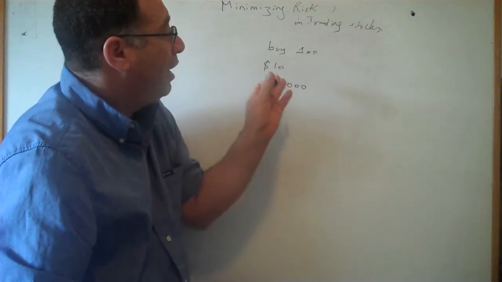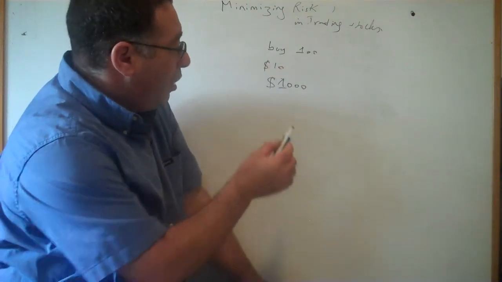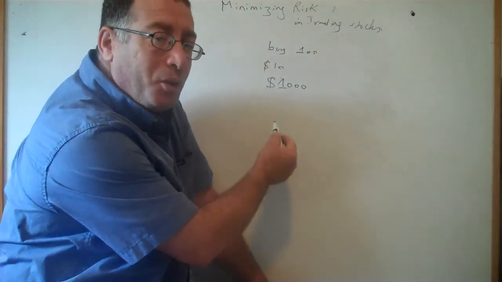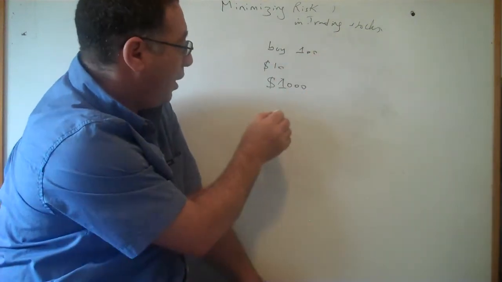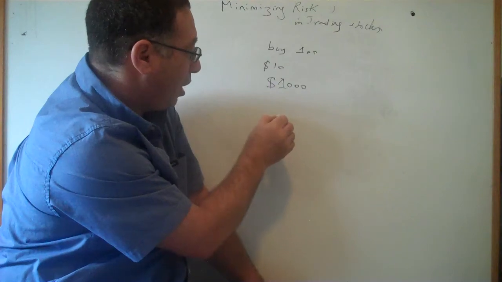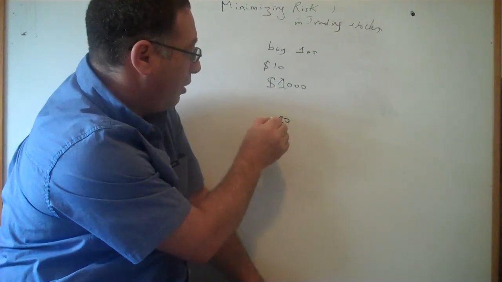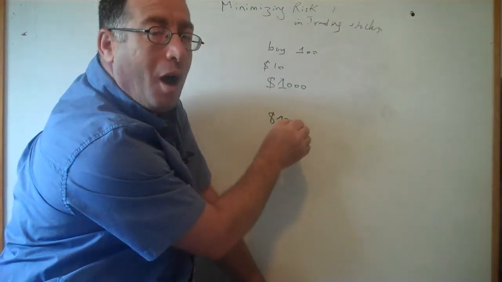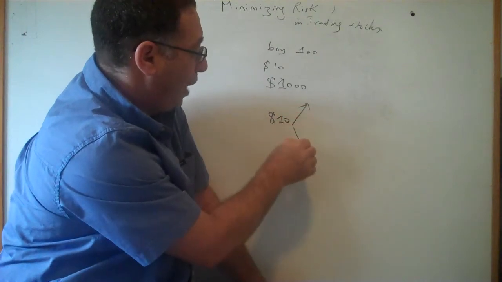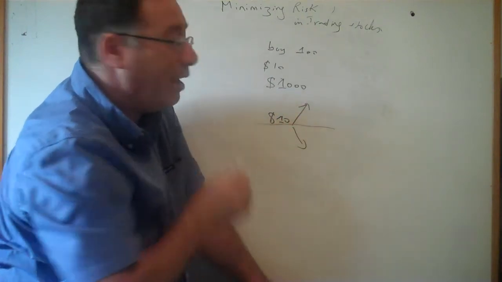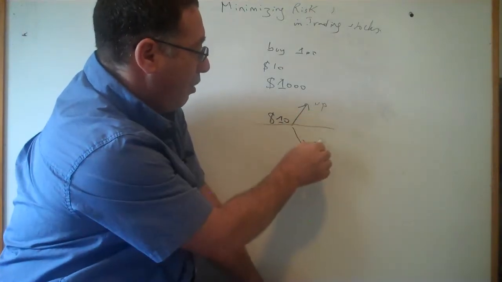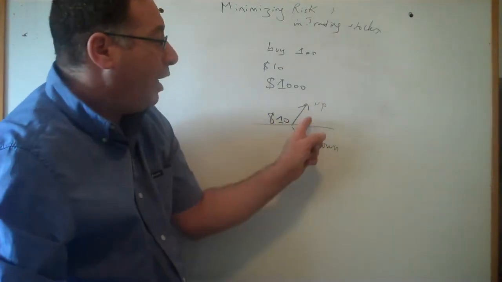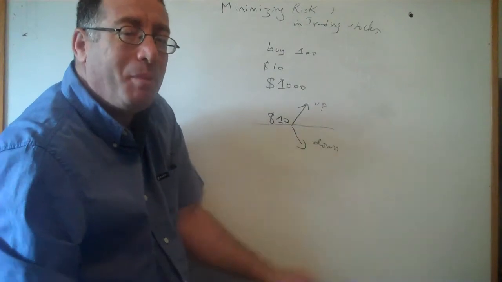Now the thing is that when you buy today and you wait for tomorrow or next week or the other week, this $10, this is the chart, it can go up or down. If it goes up, you make money.